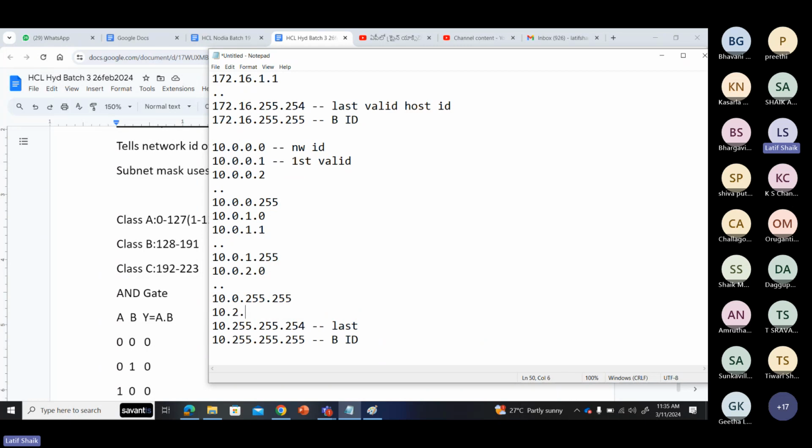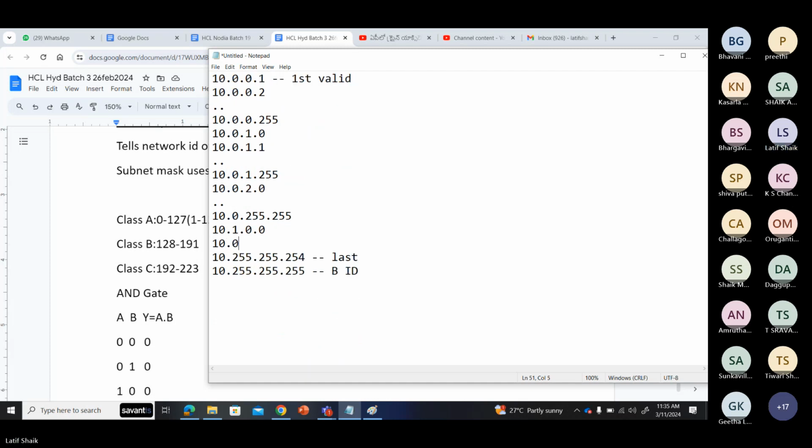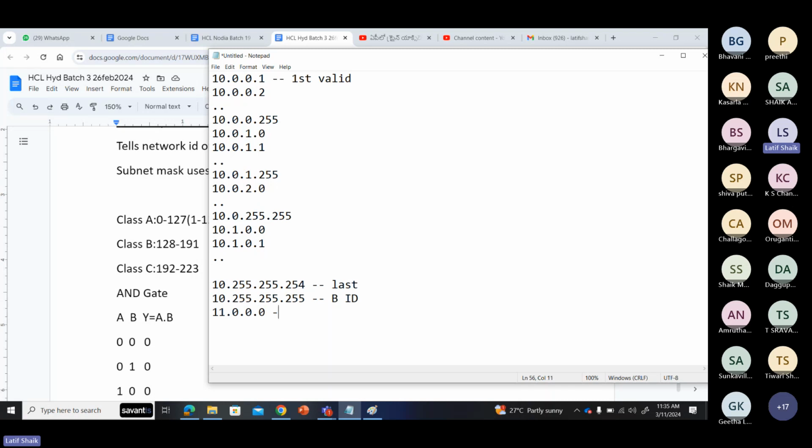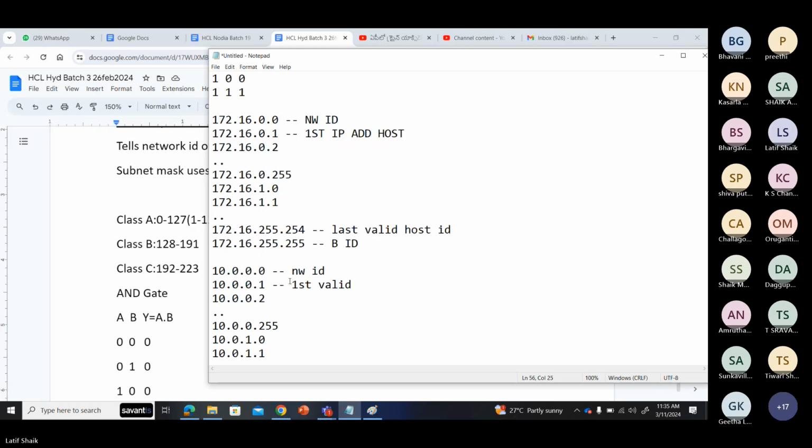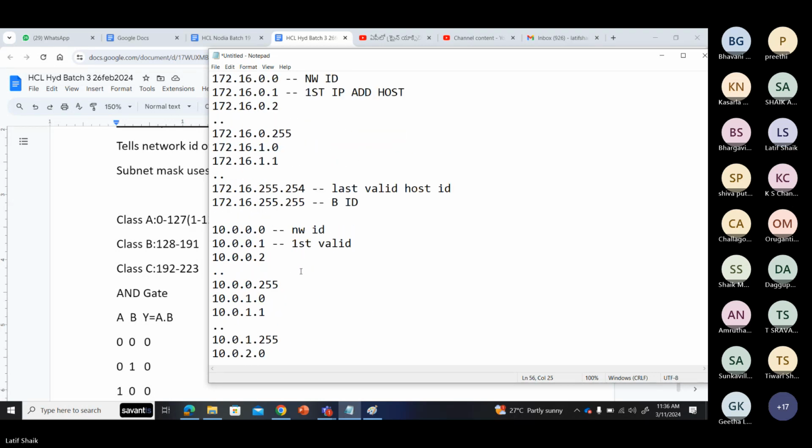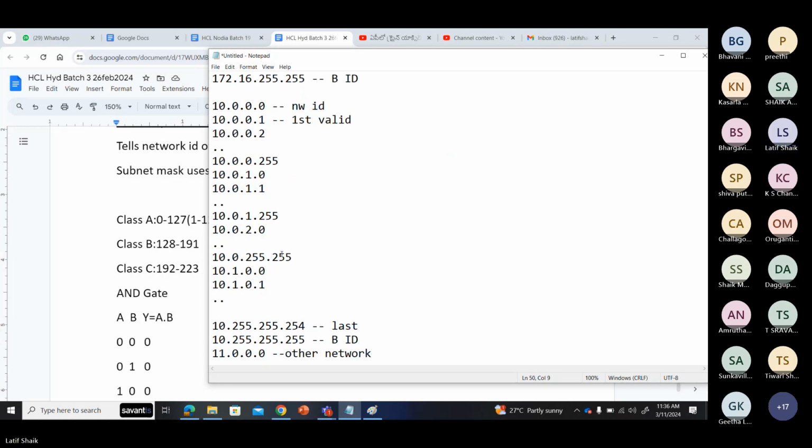So 10.1.0.0. Cycle repeats always. Okay. 10.1.0.1. Keep going. Okay. So this is the last one. So after this one, it is 11.0.0.0. It is some other network.